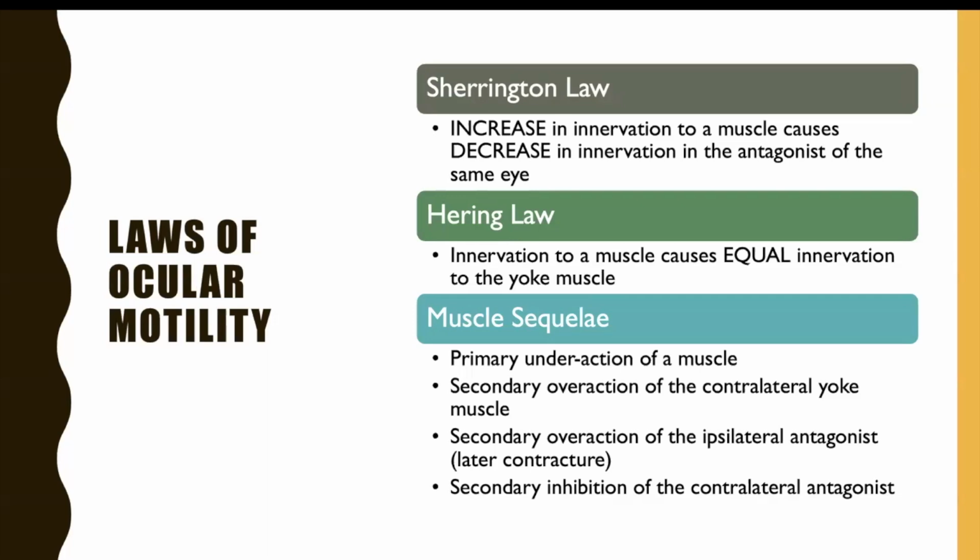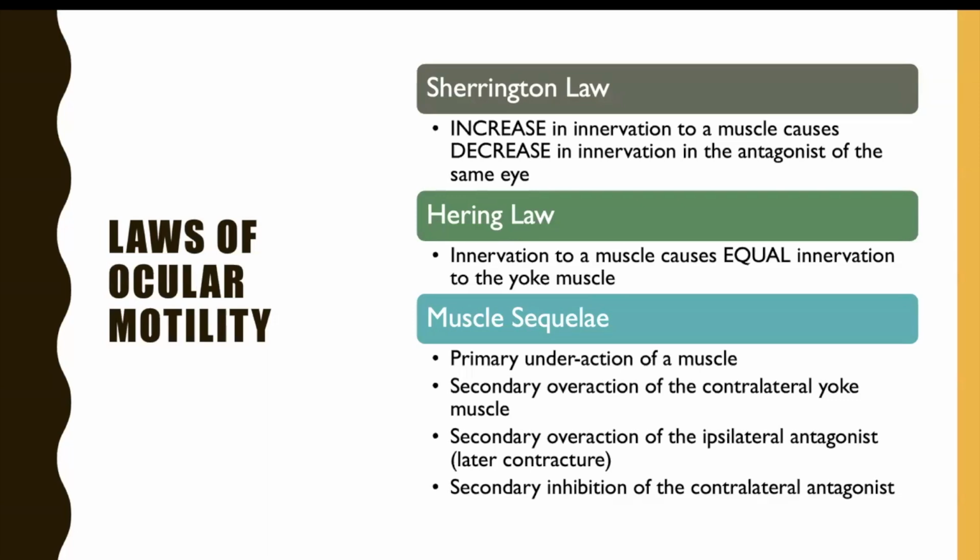And it's always useful to look at specific examples when you're looking at how the muscle sequelae take place. So, for example, if you're looking at a specific paretic muscle, and then from that going on to see how things progress.